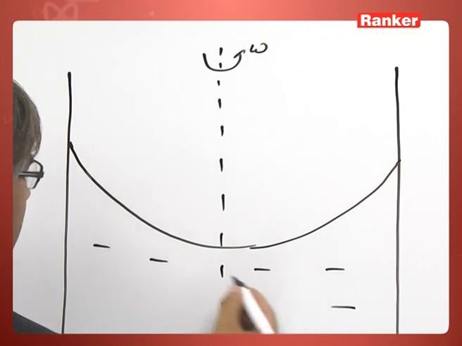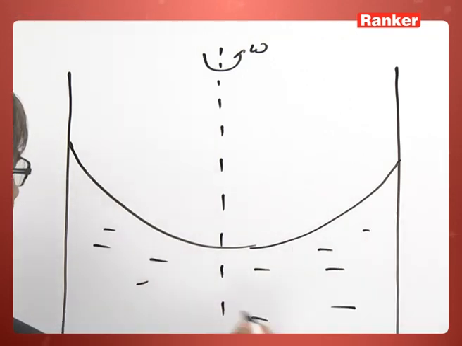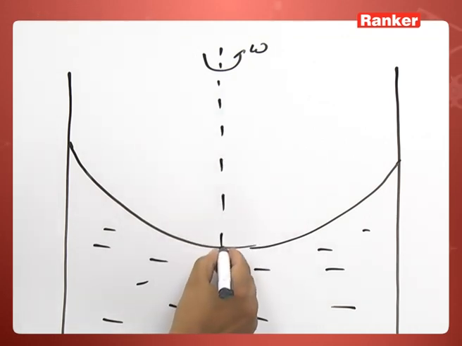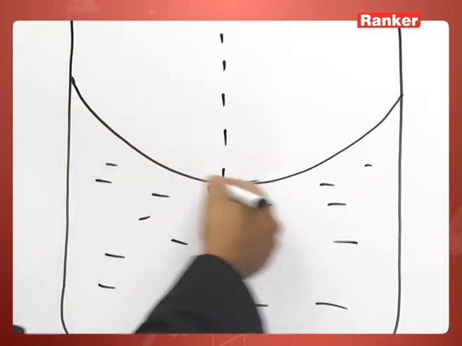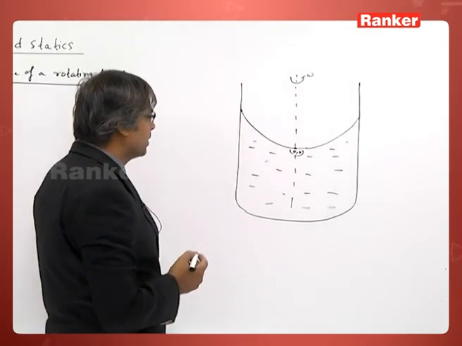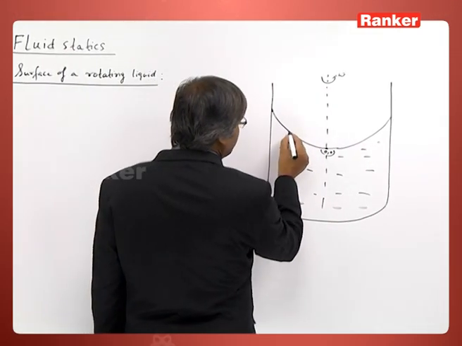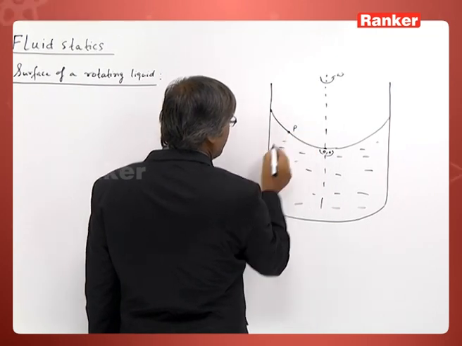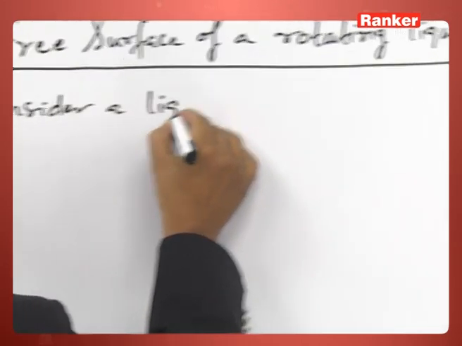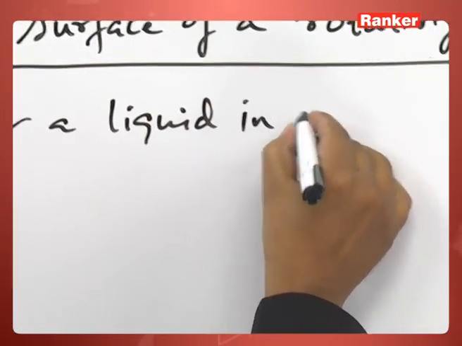This liquid is under rotation about this axis and I assume that 0 is the origin. I am interested in this equation. So, let us consider a point here, this is P.